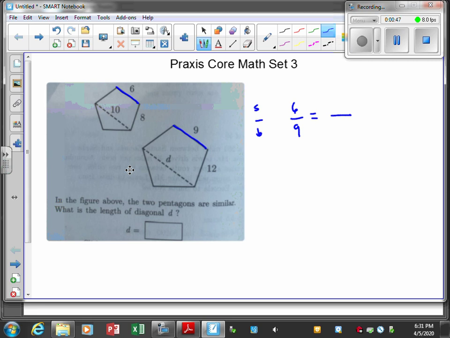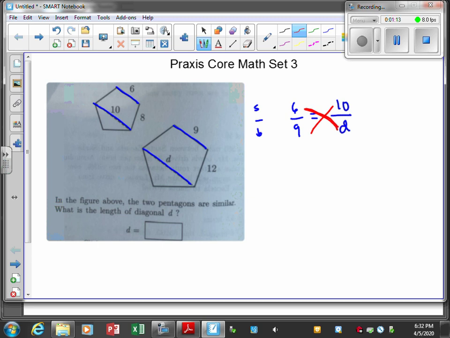So now this one we want to use the one with the unknown. So we're going to do the small that we do know to the big of the one we don't know. So we want to figure out what is D. So the most important thing with proportions is that you keep them consistent and you do corresponding sides. Then after that, it's just cross multiply and solve.